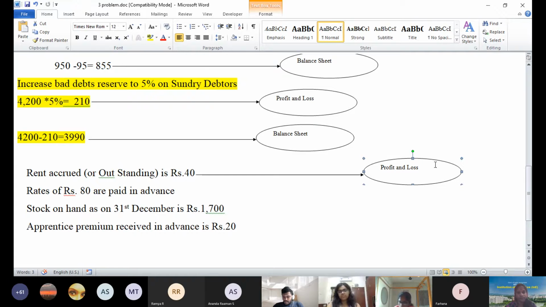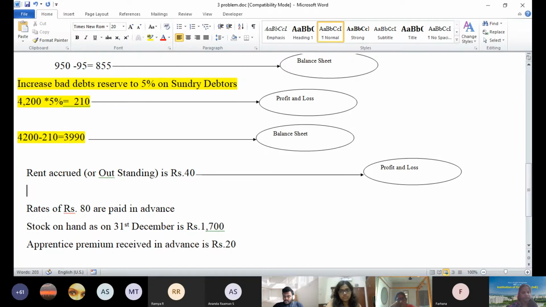So what I'll do here is rent accrued. What is the rent amount? 120 plus 40.